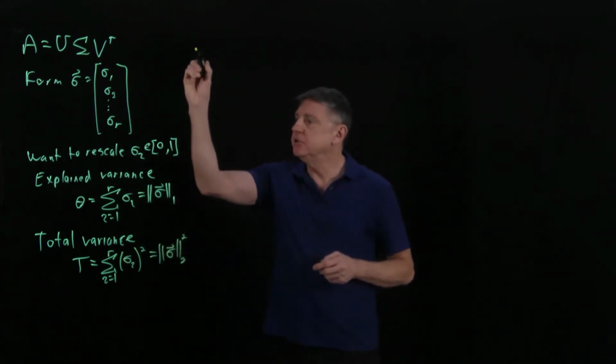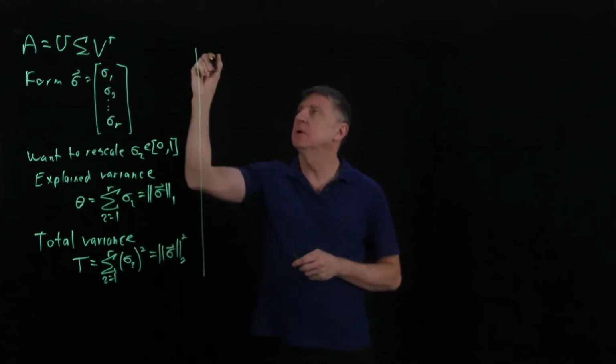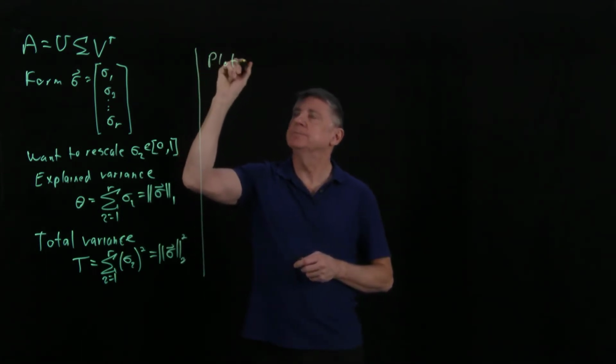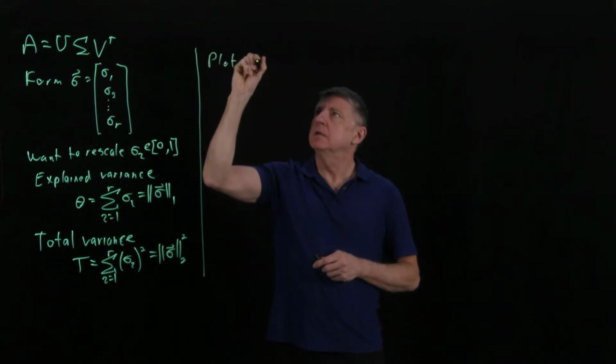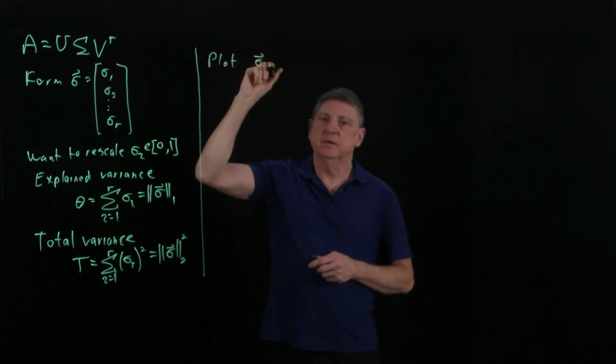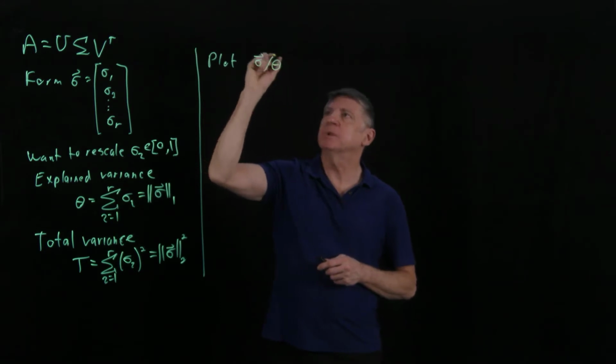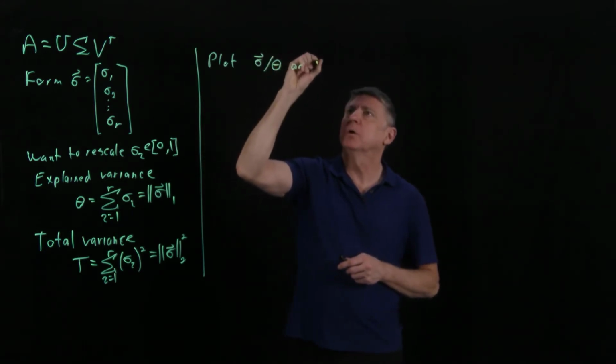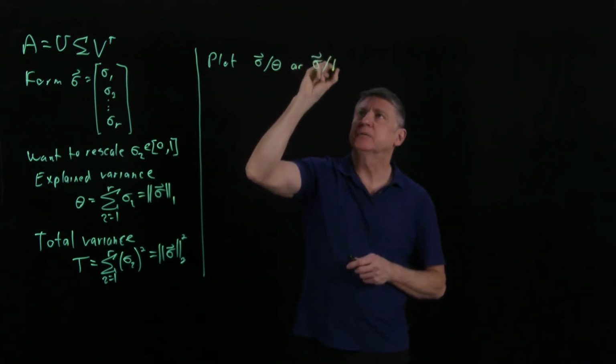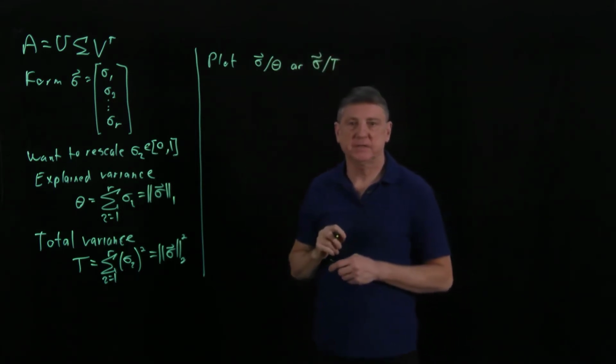What we then do is we plot the sigma vector rescaled by the explained variance, or we plot the sigma vector rescaled by the total variance.